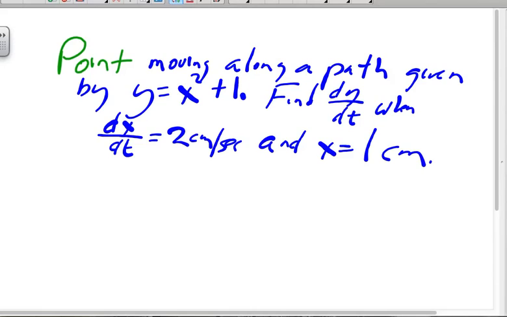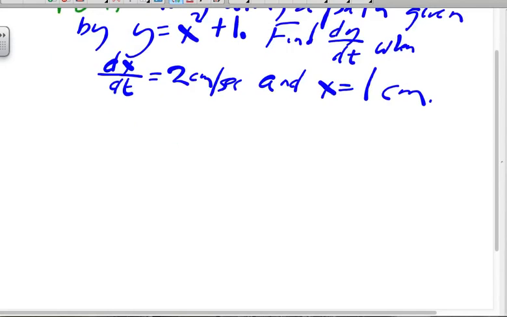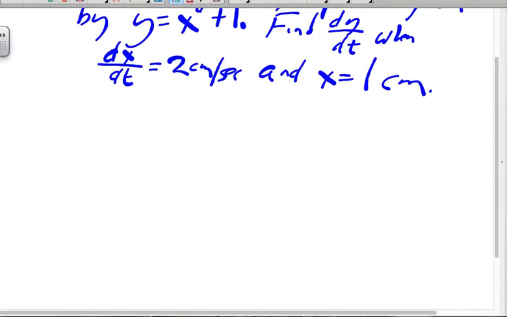So we're finding an instantaneous rate of change here. And this looks a lot like physics, except that we're actually working with instantaneous stuff. Okay, so we've got our equation right here. So we start taking derivatives with respect to time.